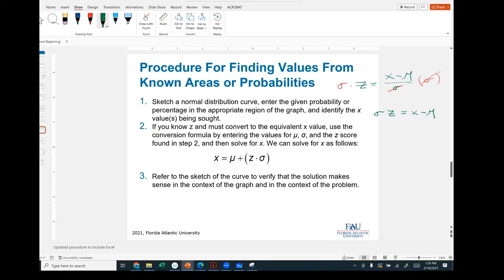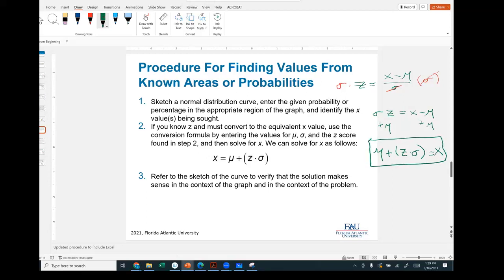And if I want to solve for X, I just add mu to both sides. That would give me mu plus, I'll write it the way they have it, Z times sigma equals X. Same formula, but we have different information, so we're using it a different way.